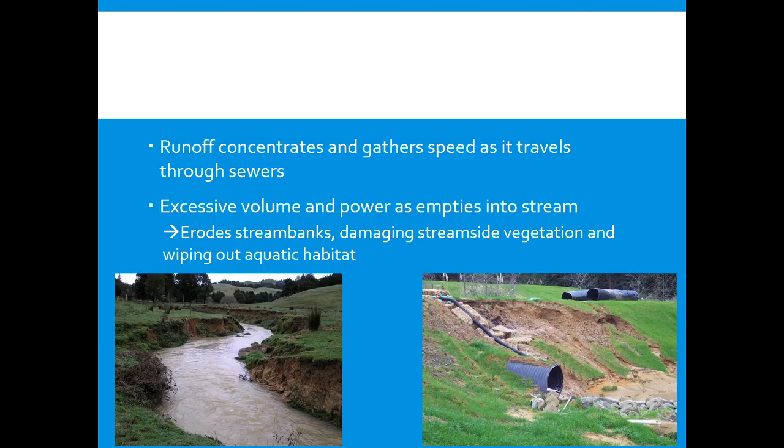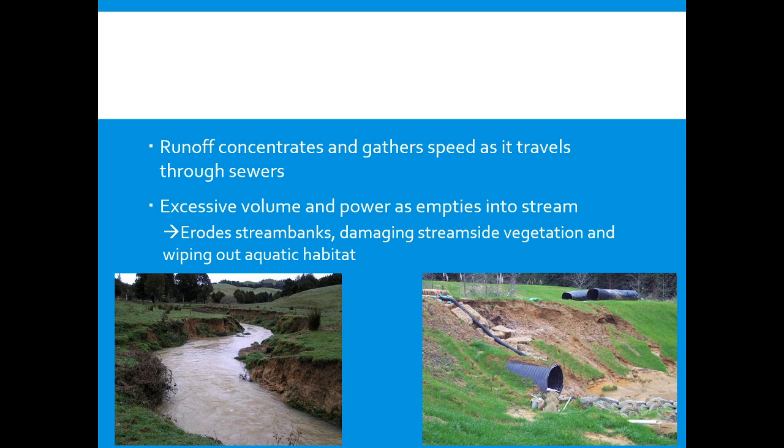Now, runoff can typically concentrate and gather speed as it goes through sewers, which can cause a large amount of that water to cause more erosion as it goes into an area. It can cause nutrients to be brought with it, which can essentially pollute the source.